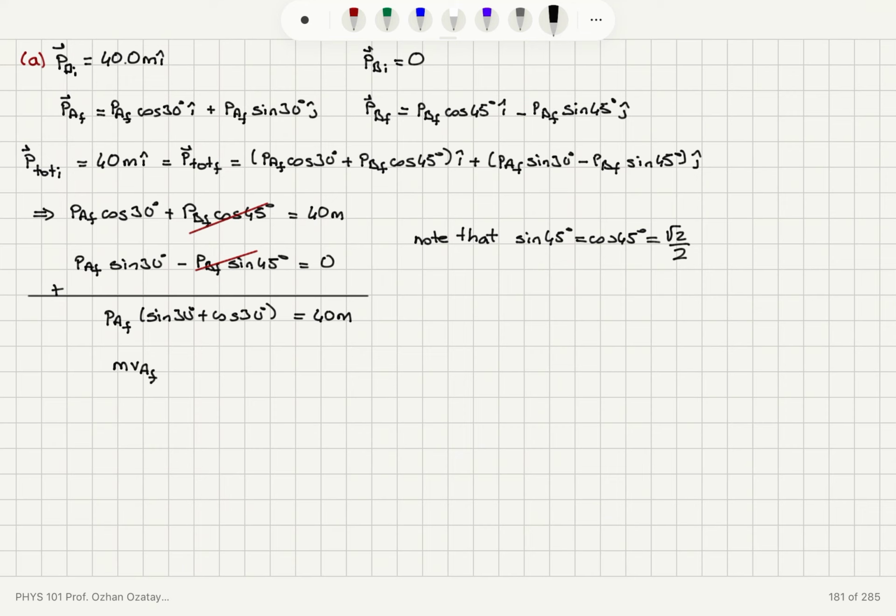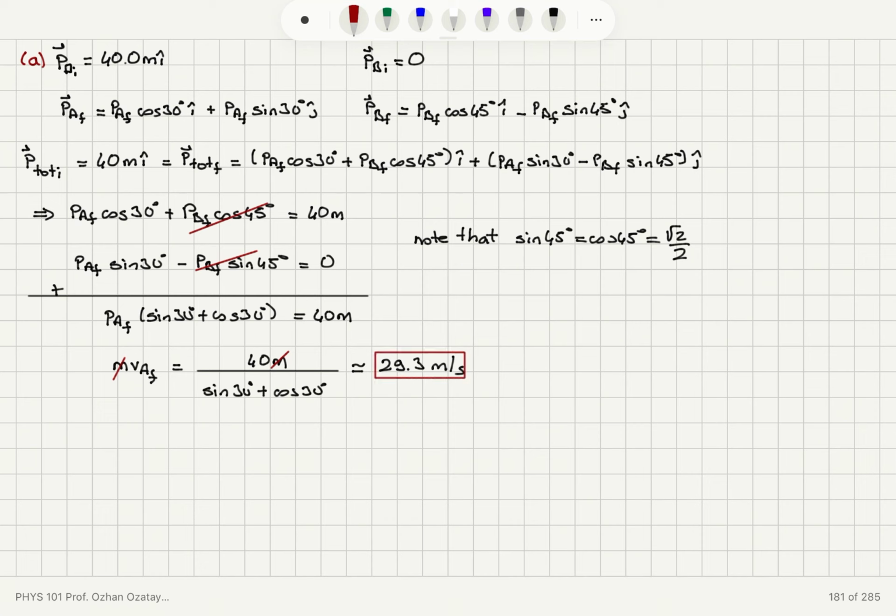That is equal to 40m divided by sine 30 plus cosine 30, and here the masses cancel, so this gives me the final speed of asteroid A to be 29.3 meters per second, up to 3 significant figures.